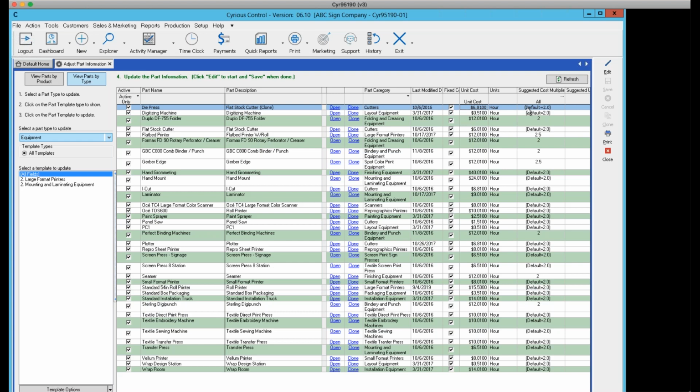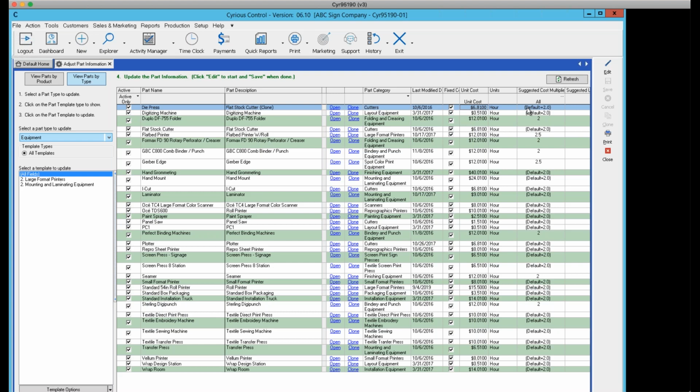What's the actual cost of the machine itself? And then there are some other things that we'll look at as we actually look at the calculator itself.